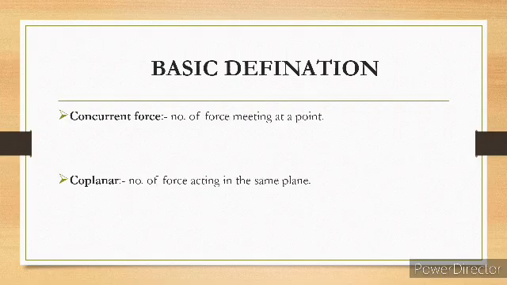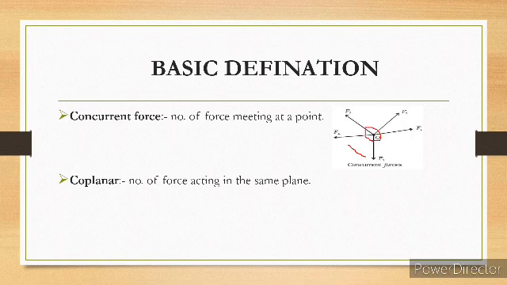Now let us get to know the basic definitions of some forces. First is concurrent forces. Concurrent forces mean a number of forces meeting at a point. In this diagram you can see all five forces are meeting at a point, that is O, right?